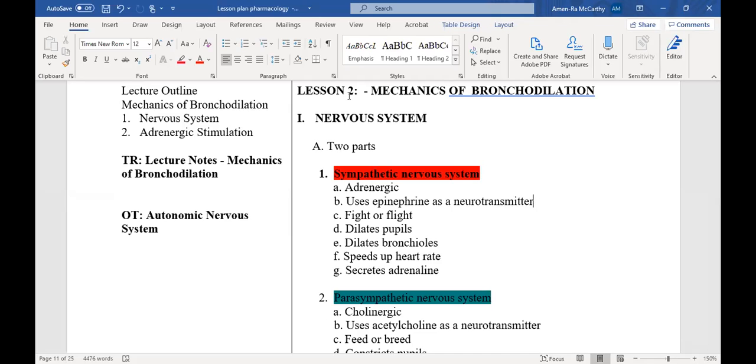Adrenaline. Or the sympathomimetics mimic the effects of the what? The sympathetic nervous system. Yes, it is going to give you bronchodilation.